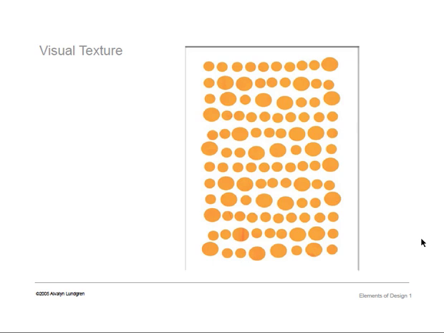Things like faux finishes and wood grain in laminate flooring and a formica countertop or linoleum that looks like it's travertine or something like that. That would be a visual texture that's different than the actual physical.